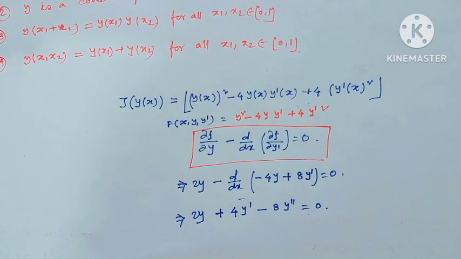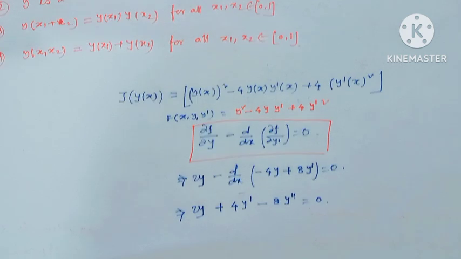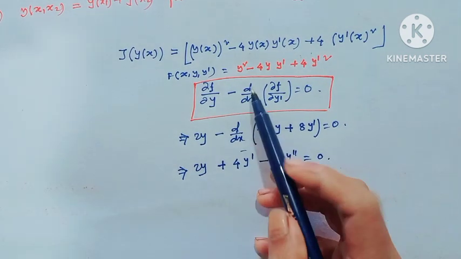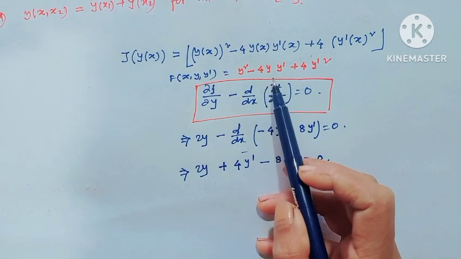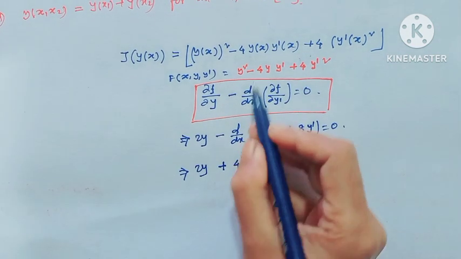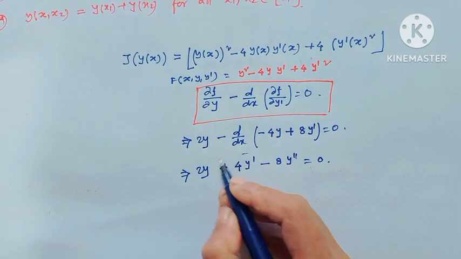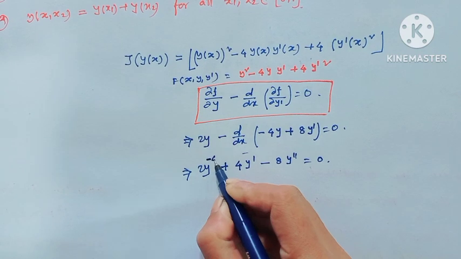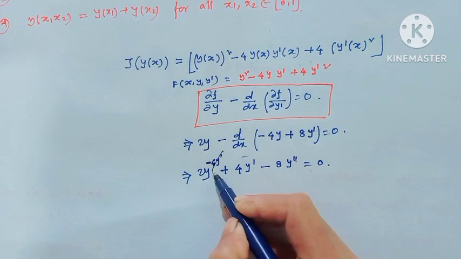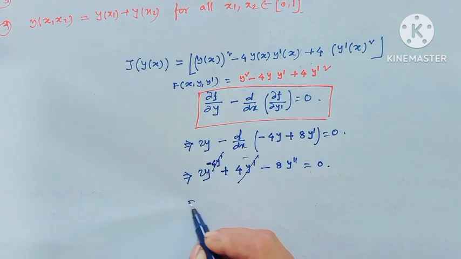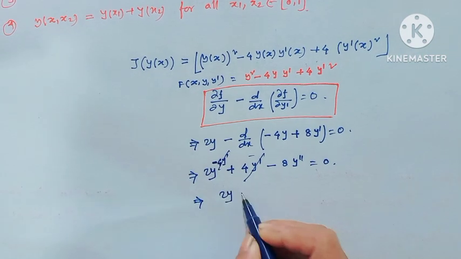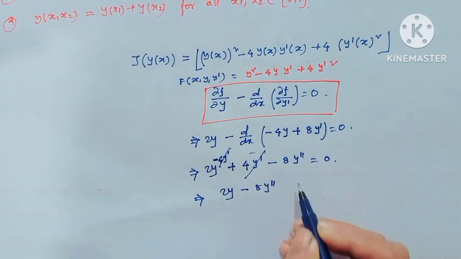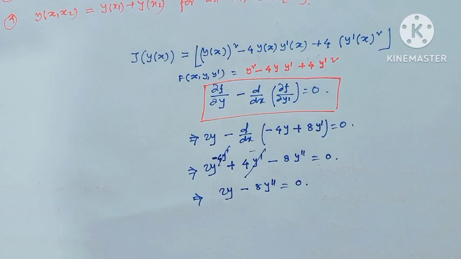Sorry, here I have done one thing wrong. Del f del y means 2y minus 4y prime, not only 2y. That means this would be cancelled, so this equation would be 2y minus 8y double prime equal to 0.